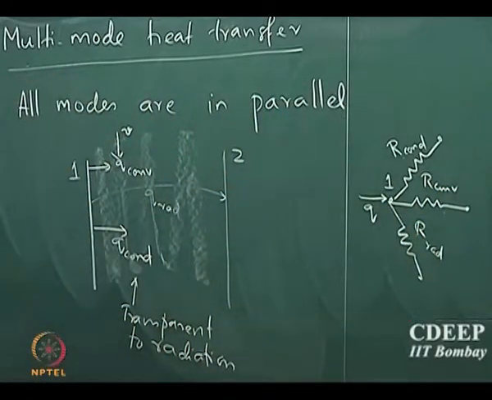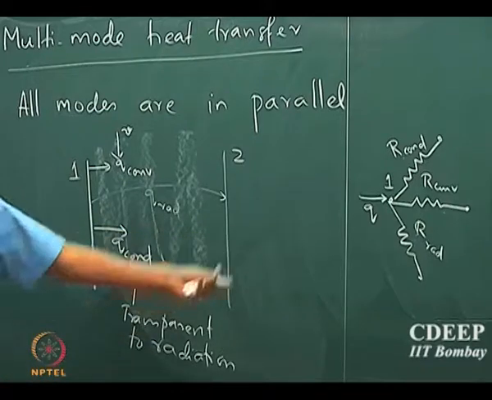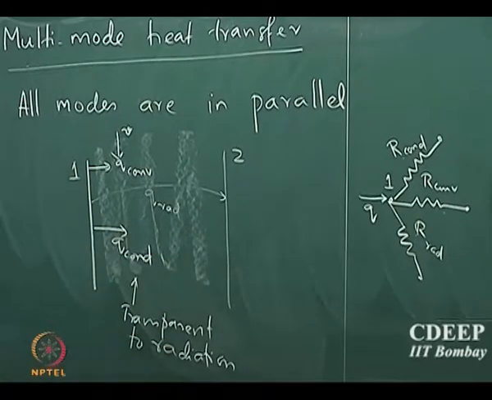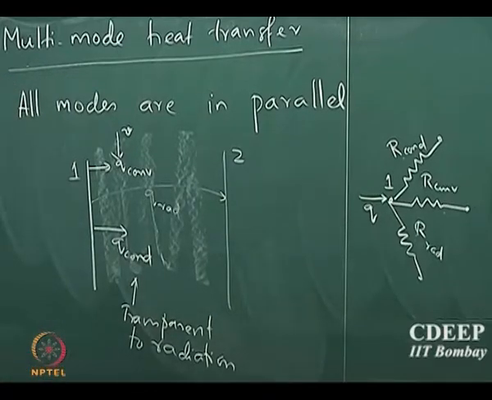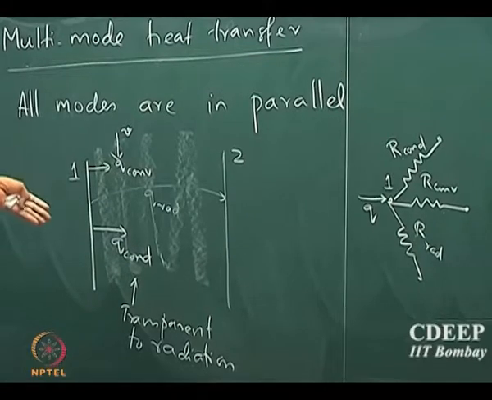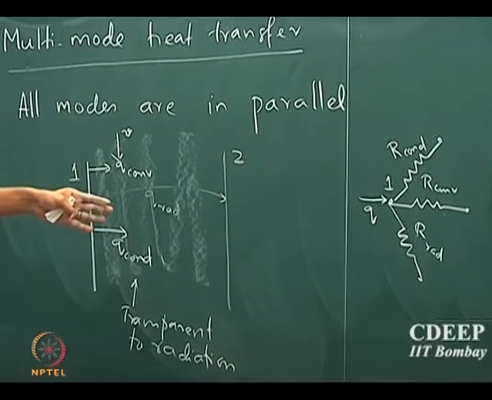So, if we know how to find the driving force, and in most cases we know, for conduction temperature difference is the driving force, for radiation the exchange between the two surfaces is the driving force, and for convection also it is the temperature difference which is the driving force. So, if we know that, then we can find the resistances, and we should be able to incorporate the multiple modes of heat transport in a very easy fashion if you know how to construct the resistance network.